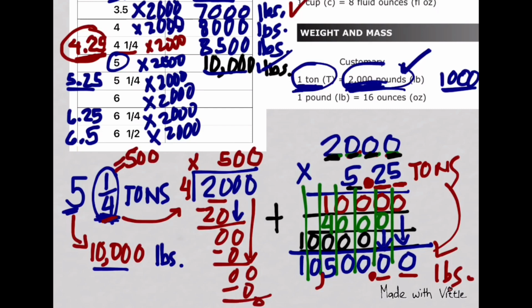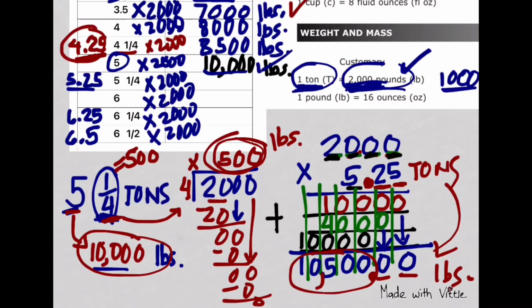So 1/4 tons is equivalent to 500 pounds. That's why when we have 5 and 1/4 tons, all we have to do is add 10,000 pounds and the 500 pounds, which will give us 10,500 pounds. That is still equivalent to your 5 and 1/4 tons or 5.25 tons in decimal.